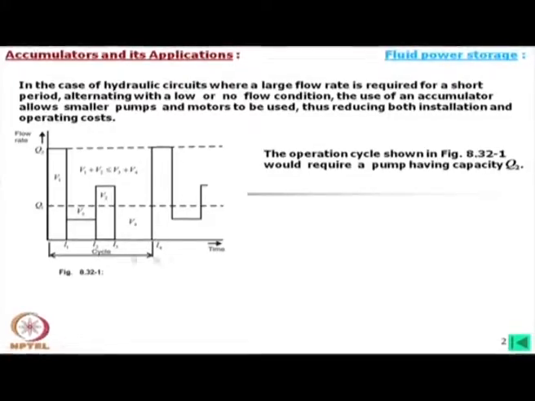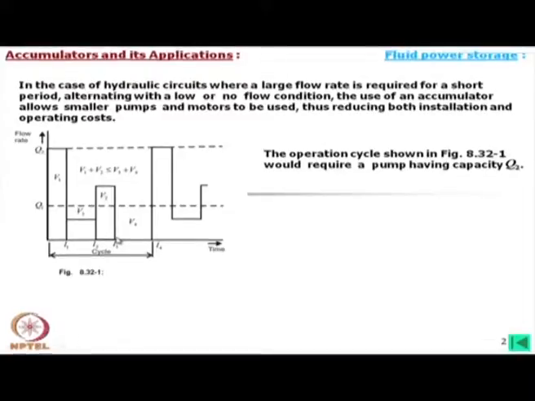It goes on like this. This is one cycle, the next cycle is similar. In that case, we also consider V 1 plus V 2 is less than V 3 and V 4. Here V 4 apparently is 0, and this is the duration of such volume.